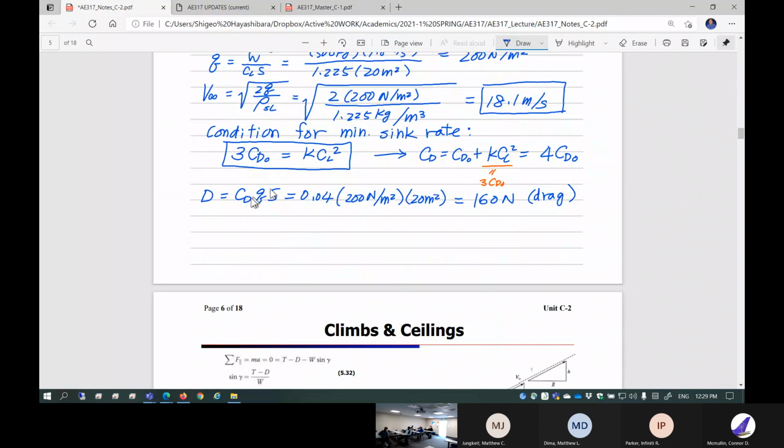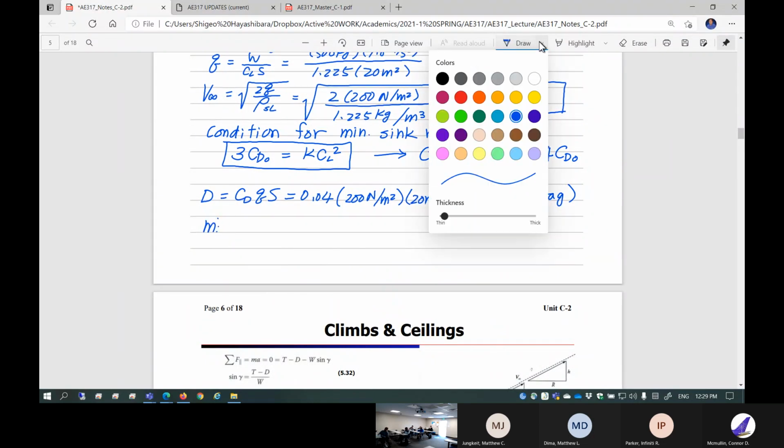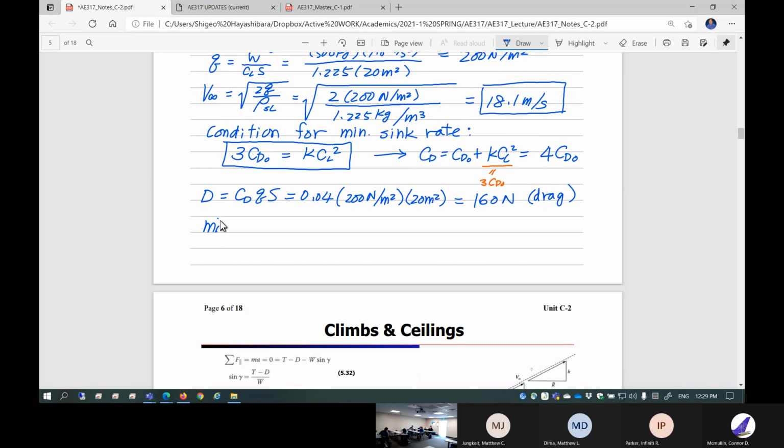So minimum sink rate is, if you pick up the equation, V infinity times drag divided by weight of the airplane. V infinity we found 18.1 meter per second.